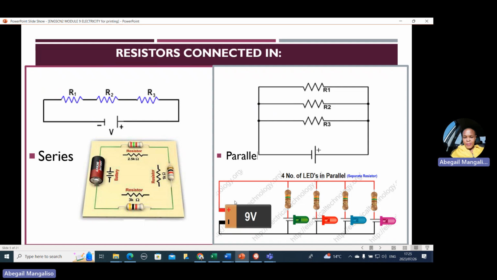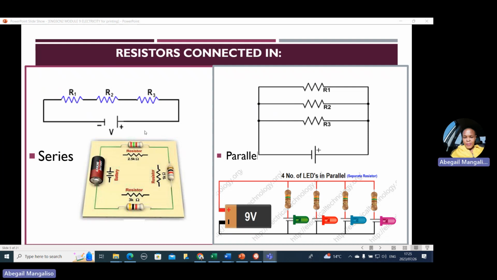Now, a question can be, when we have the bulbs that are connected in series and the bulbs on the right-hand side that are connected with LEDs in parallel. Let's say this was an LED, LED, LED. So the question can be which set or which one will have more brightness.